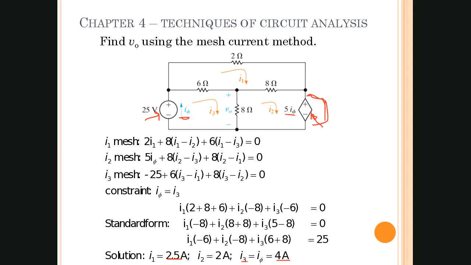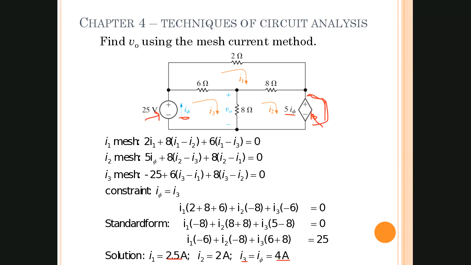So make sure that you're being an accountant and keeping track of what is where. And always write your meshes the same way. If you're starting from the bottom left and working your way all the way around, do that, have your own method. That way you have your own accounting practice that will help you keep track of all these little things. Because if you start mixing it up, you're going to make some mathematical errors.